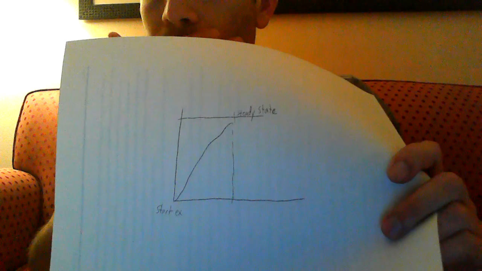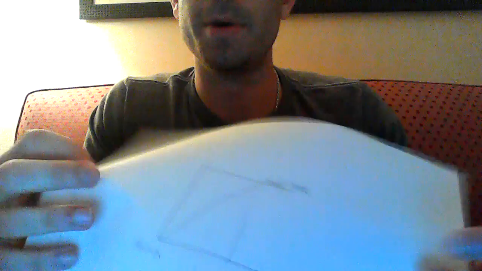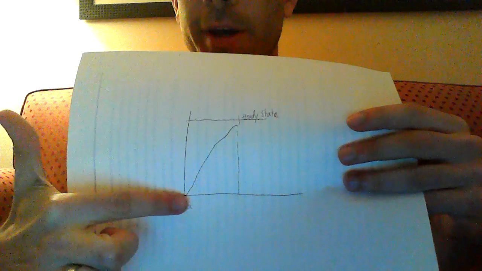So this is the simple graph. This is you when you start exercising. Say you start at a number, just pick 0. This is how much oxygen your body is currently using. Your body is using a set amount of oxygen at rest.